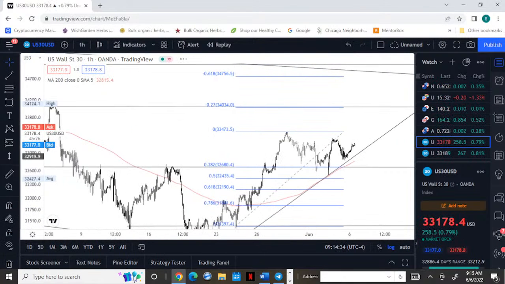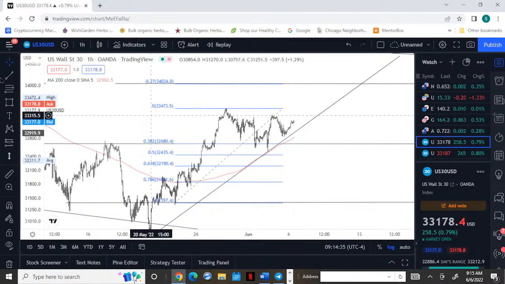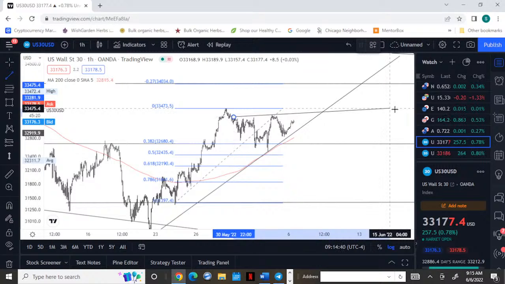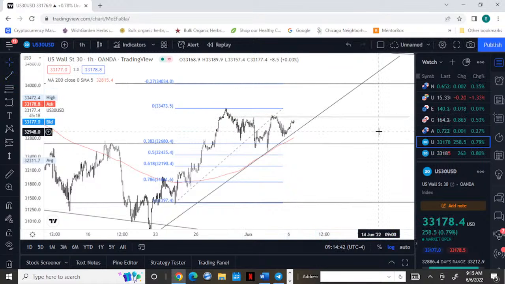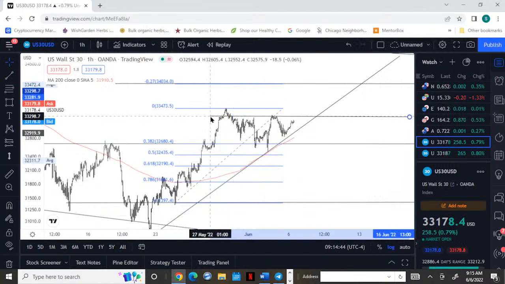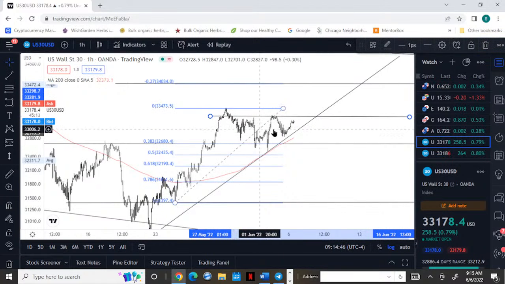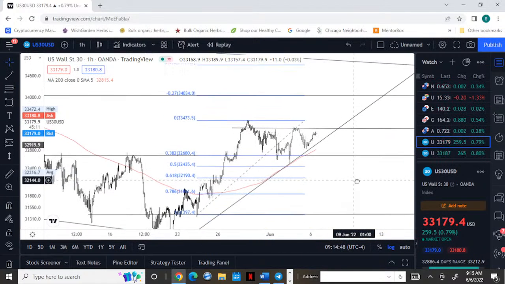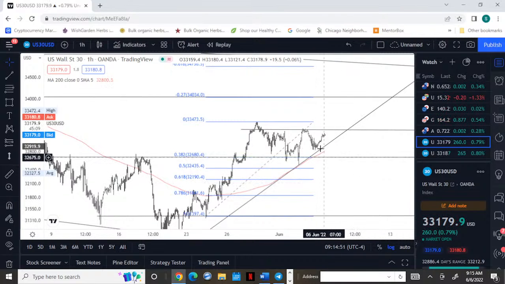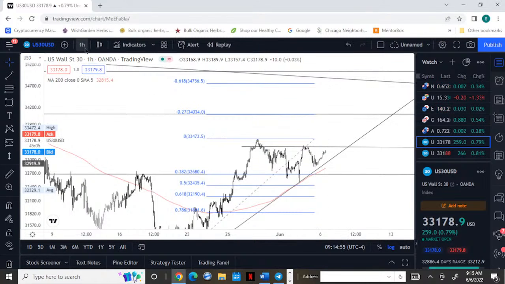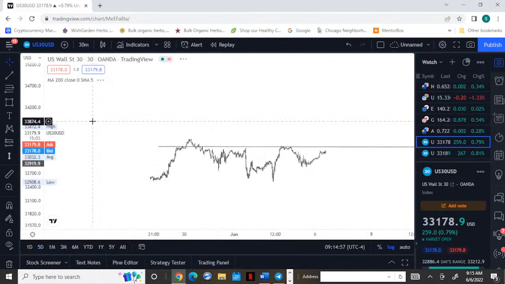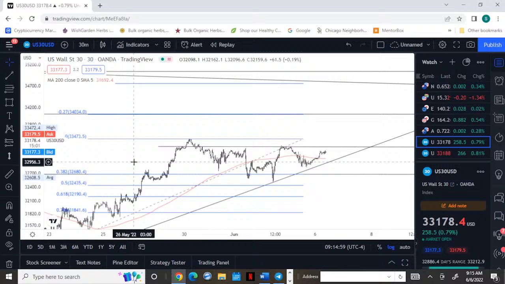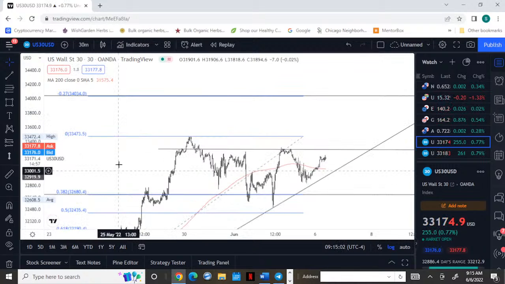I am gonna put a zone right here at this area. I want to see price break out of this and retest and continue this buy. But on US 30, I entered on the 15, so I'm gonna see what else we can see.